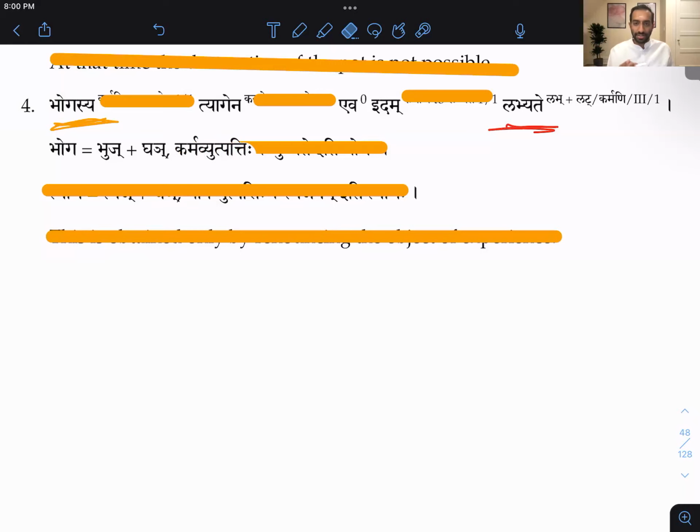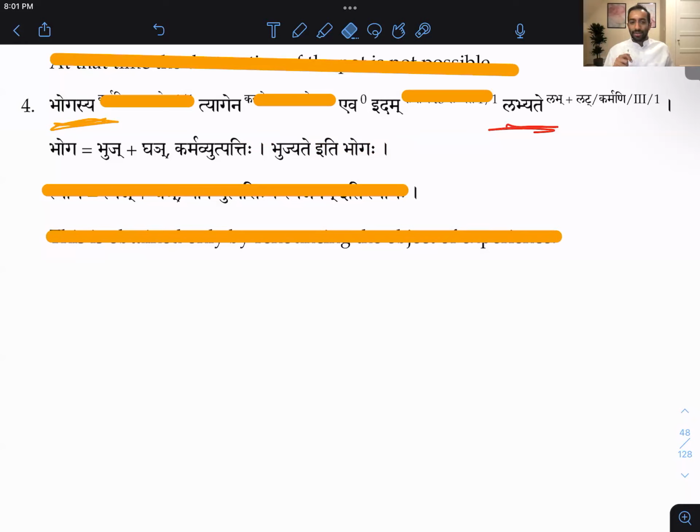It's not the experiencer, it's not experience itself, it's the object or that which is experienced, right? So karma vyutpattihi. Then if we're going to make the Vigraha Vakya, I'm going to put Bhuj Dhatu in Karmani. I'm going to make a verb. So I'm going to say Bhujyate iti bhogaha. Right? Bhujyate iti bhogaha. Okay, this much so far. Are we okay? Or thumbs to the side or thumbs down? You could give me a range. Okay.